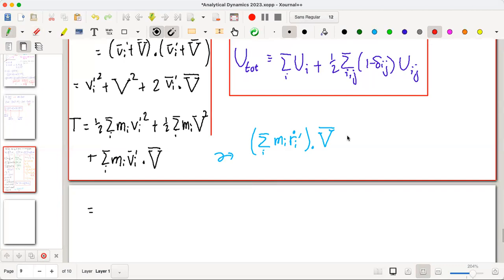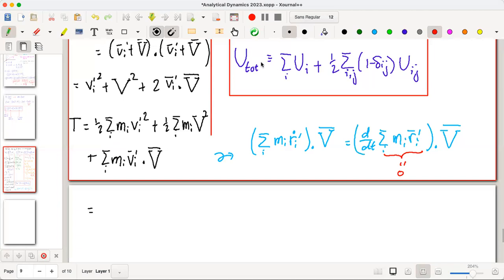Okay, let me just make it more specific. This can be written as d/dt of sum mi ri prime, so everything is dotted with capital V. Now this is zero. So the only surviving terms are the first and the second.